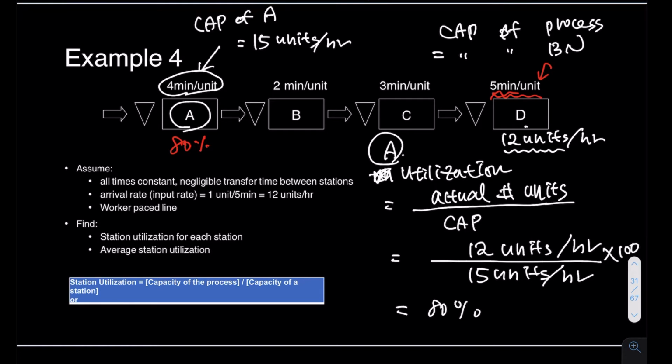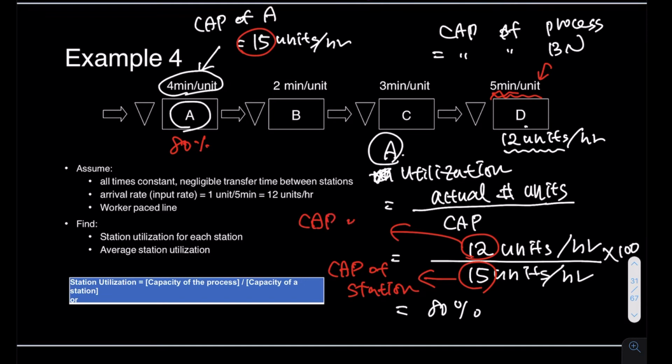So in this case, it's also interesting to look at the relationship. If you look at this formula carefully, this part is now the capacity of what? 15 means yes, the capacity of a station, in this case, station A. And this part is what? Capacity of the entire process.